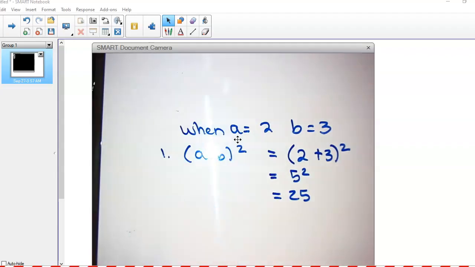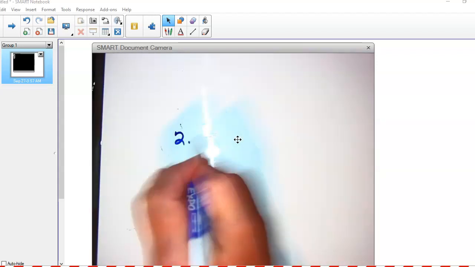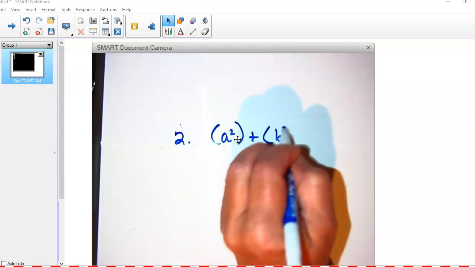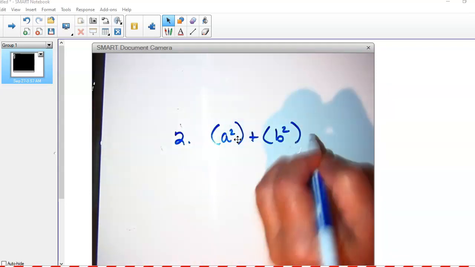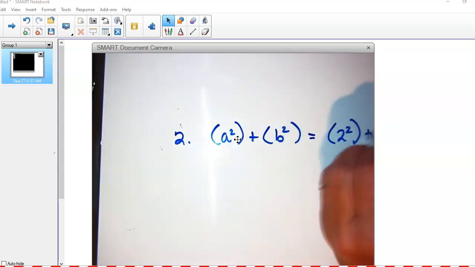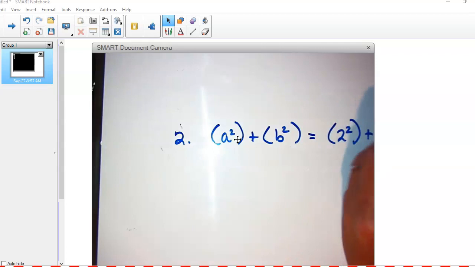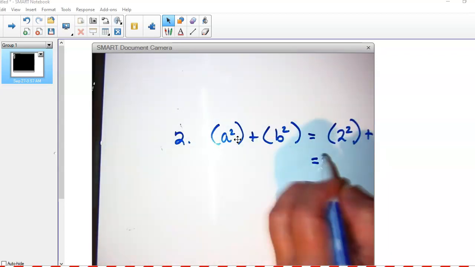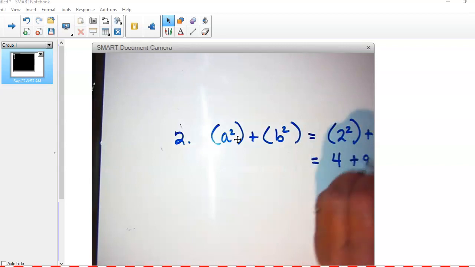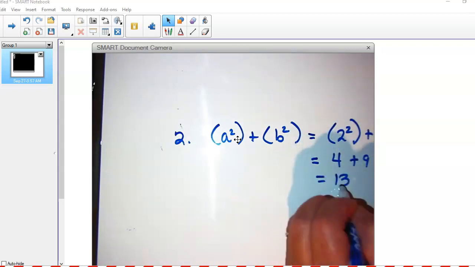The next one, we got a squared plus b squared. Notice this is different. So we're going to substitute in 2 for the a, plus 3 for the b. And we're going to square the 2, which is 2 times 2 is 4, and 3 times 3 is 9. 9 and 4 is 13.